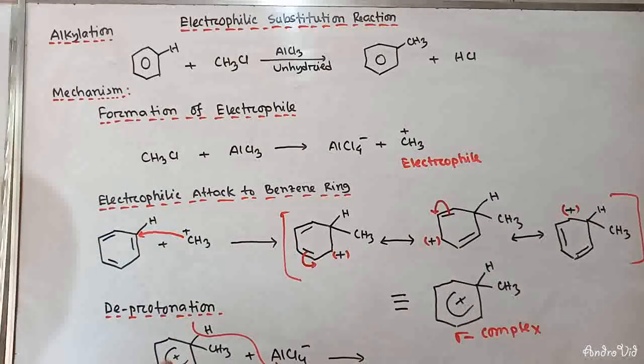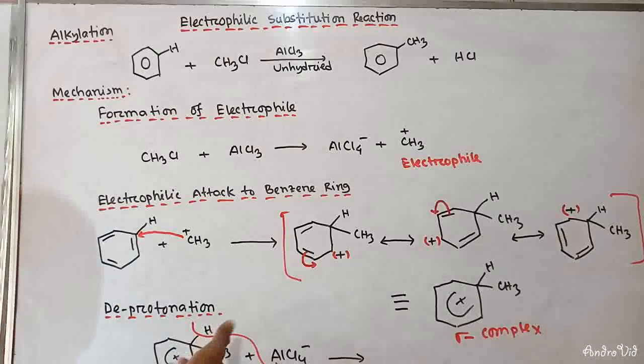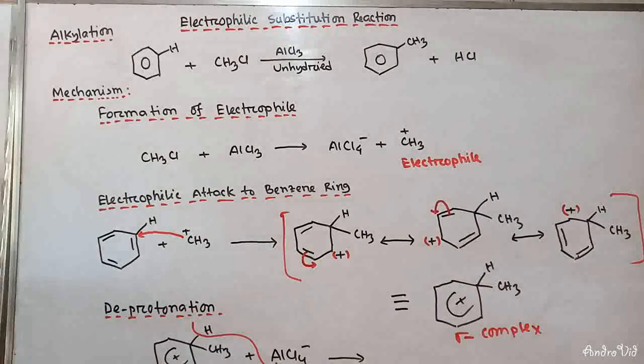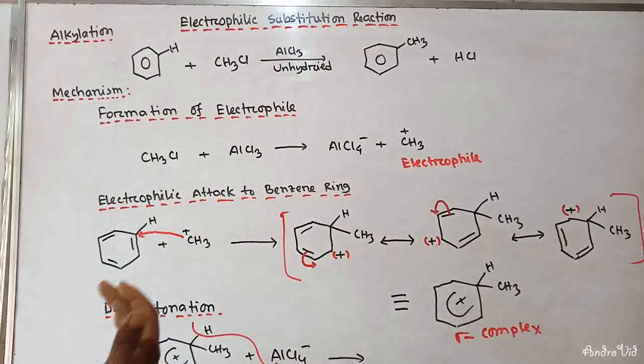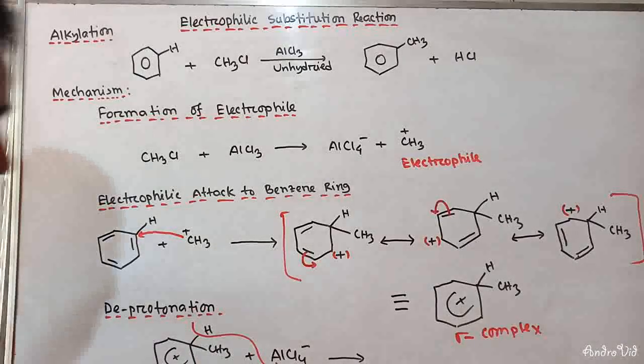You have already seen here there is a delocalization of positive charge, and there is a delocalization of electrons in this sigma complex structure. When a proton is eliminated from here, it will give this structure an electron. The electron itself is negative in charge and there is a positive charge inside that benzene ring. Then the negative charge and positive charge will cancel each other, and by this way this proton will be eliminated from here, and this proton is substituted by this methyl group, and by this way electrophilic substitution happens here.